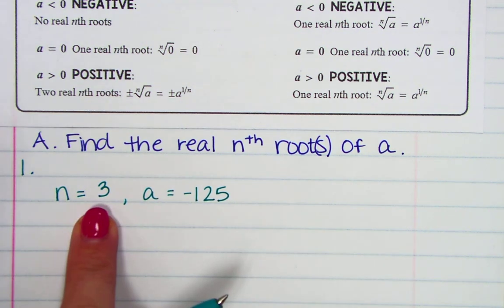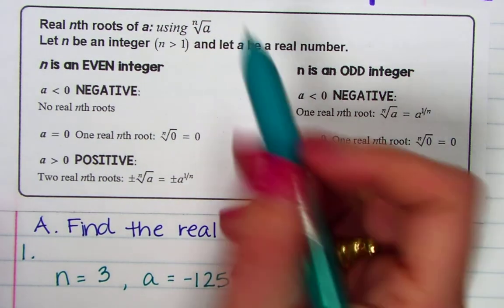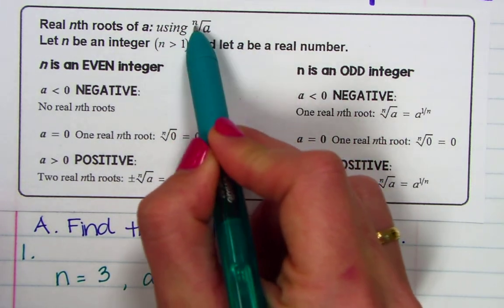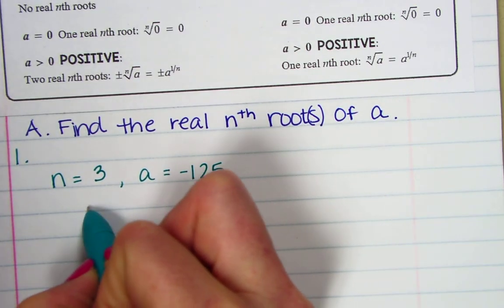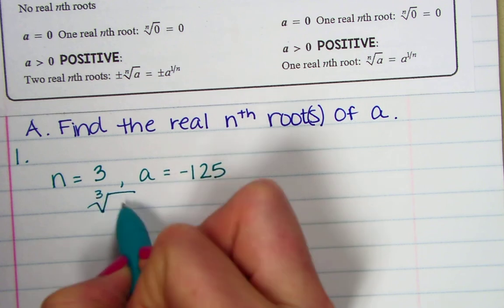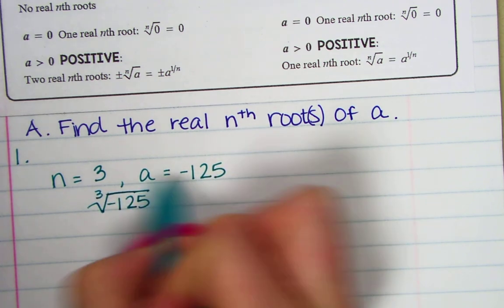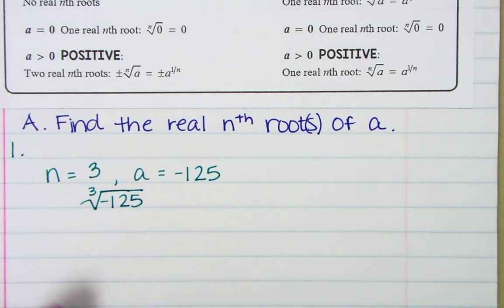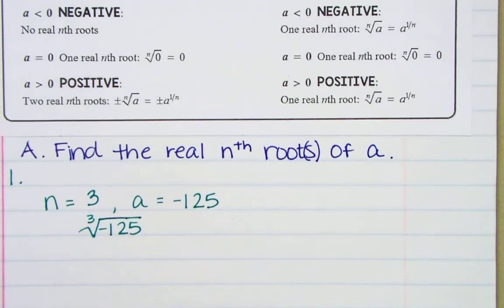So if n is 3 and a is negative 125, I'm going to plug it into this formula. It'll be the cube root of negative 125. The first thing we need to do on all of these is identify how many roots there are.